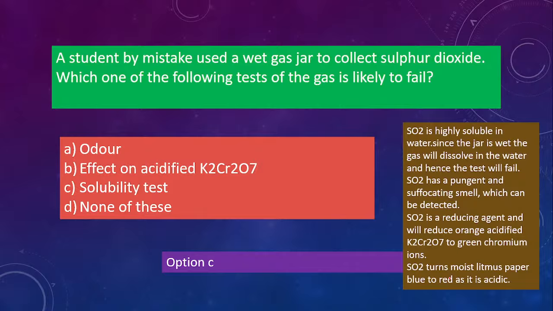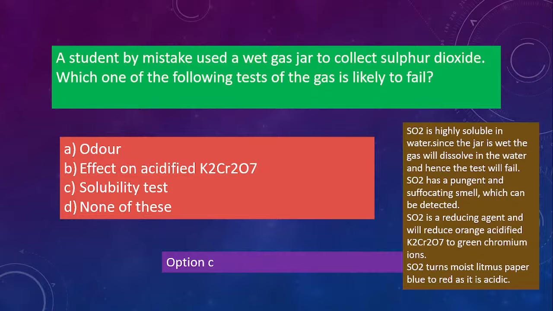Sulfur dioxide is acidic in nature. Please remember these properties of sulfur dioxide gas, otherwise questions come from either of these properties. So remember these properties.